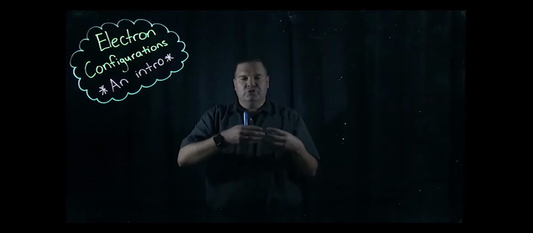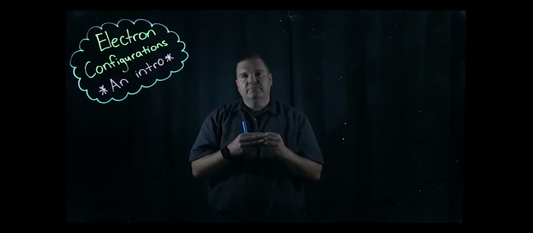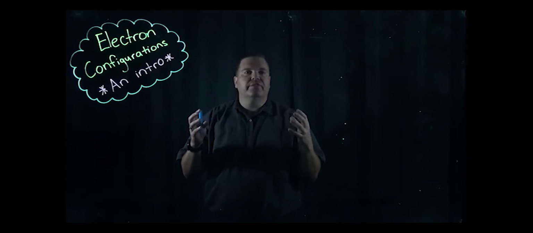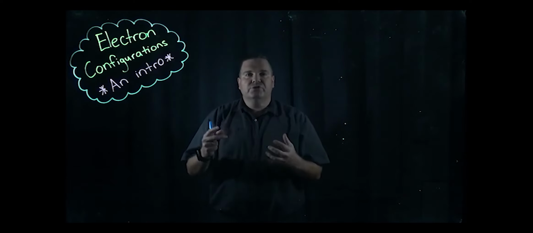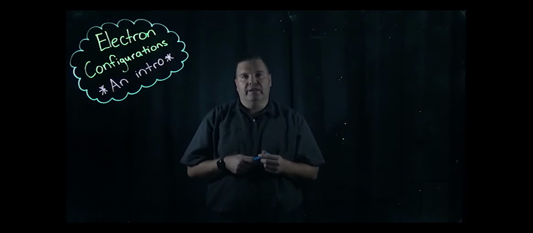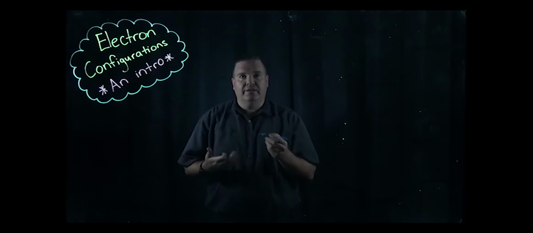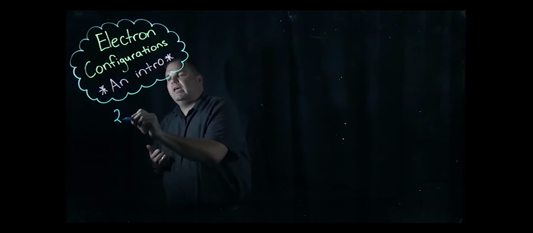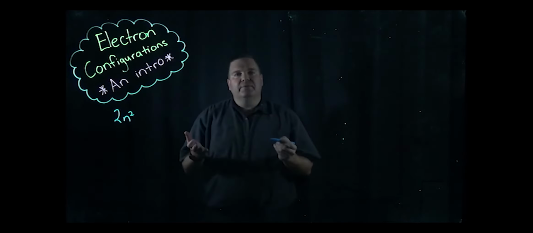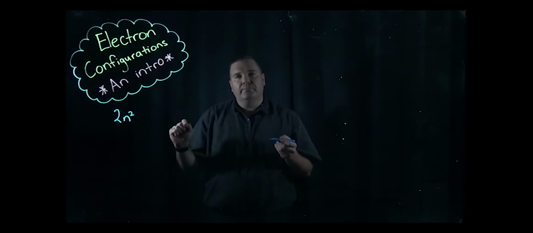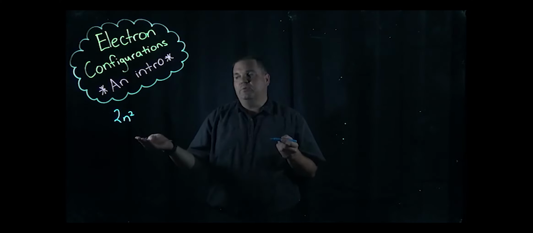What I want to introduce to you first is the concept of how many electrons a shell can hold. As you know, there's a nucleus in the middle of an atom, and then there are electron shells around that nucleus. Each electron shell can hold a certain number of electrons, and we use what's called the 2n² rule to work out how many. The 2n² rule simply means that we take n as the shell number, we square that, and then we double it.